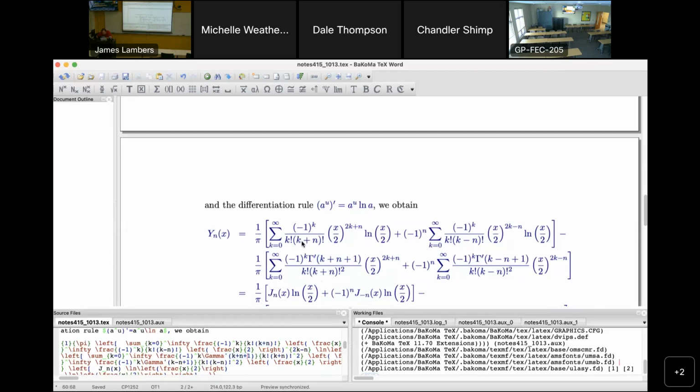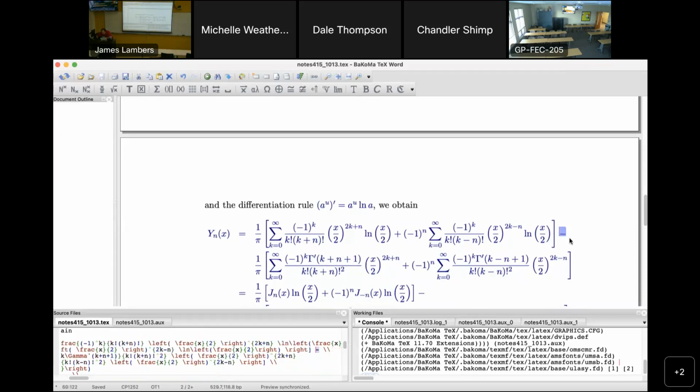And remember, the gamma function is equal to the factorial of this argument minus 1. So whatever argument you have here for factorial, you need that argument plus 1 for the gamma function. As I mentioned, when you have the derivative of 1 over something, you have minus 1 over that squared.